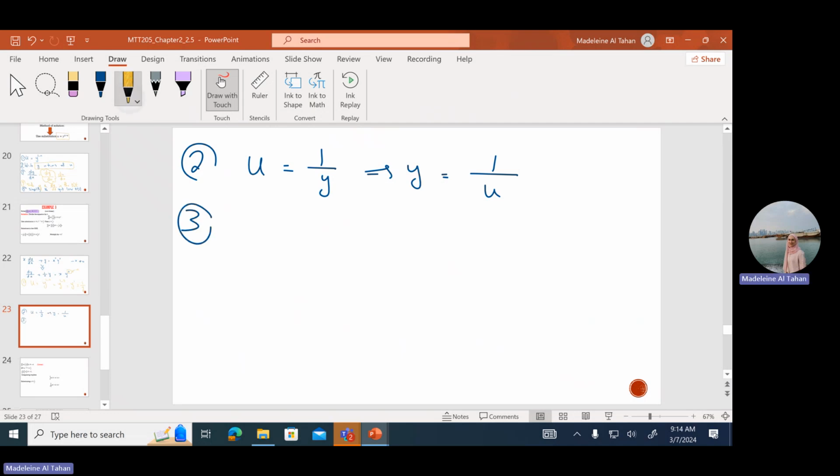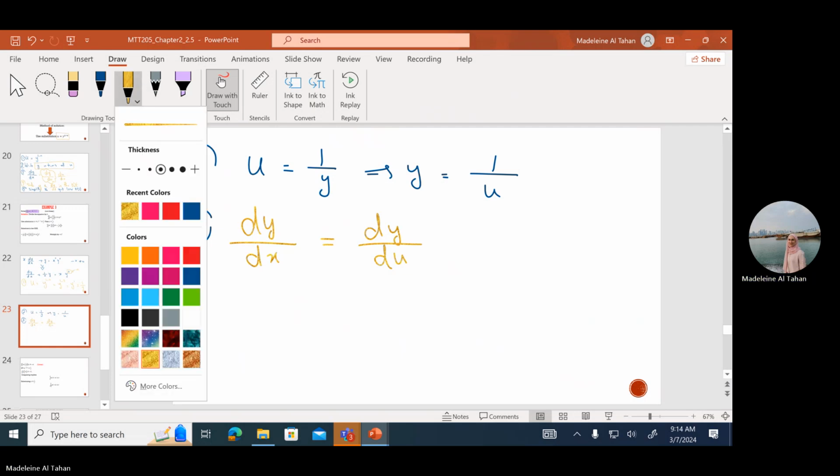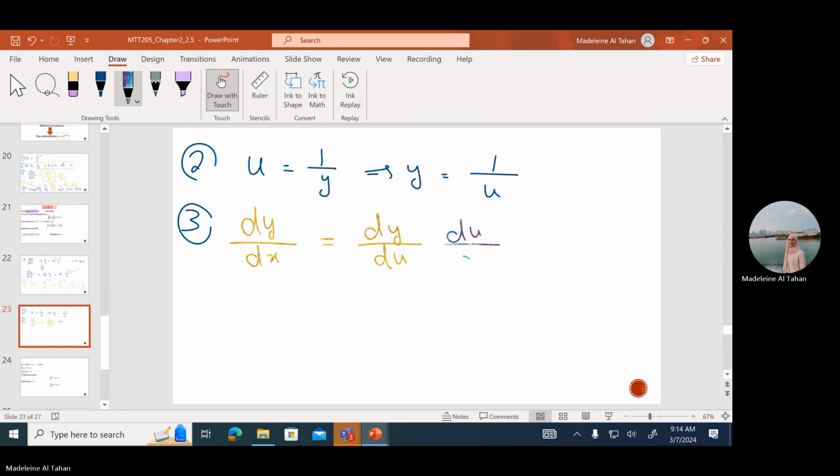We said that we need to write dy by dx equal dy by du times du by dx. Y equals 1 over u. What's y prime? Minus 1 over u squared, right, miss?